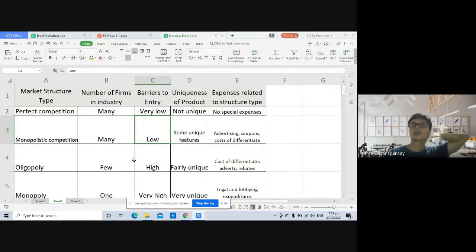Uniqueness of the product, sabi ko sa inyo, it has some unique features. Makakakain ka rin ng sisig sa iba, pero pag natikman mo yung sisig nila, there's something distinct about yung lasa na kaya nilang magpresyo ng mas mahal.